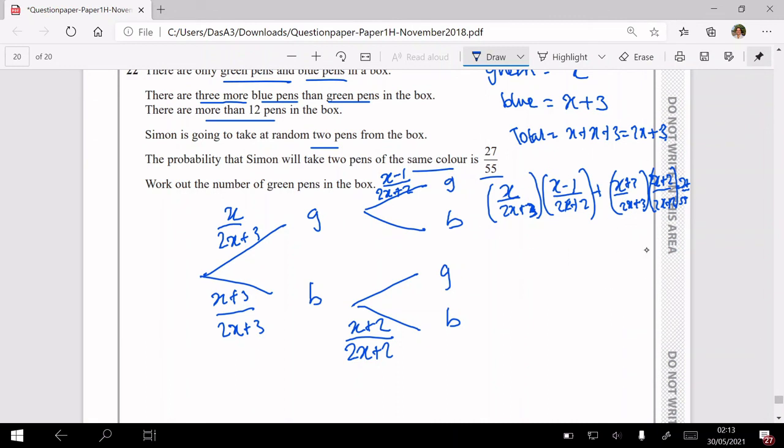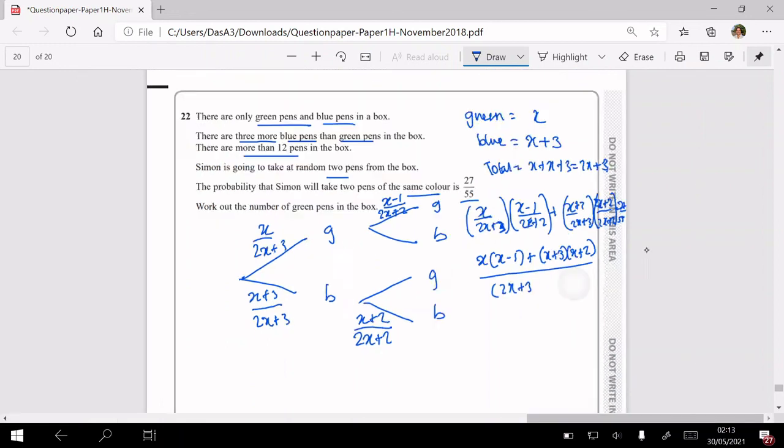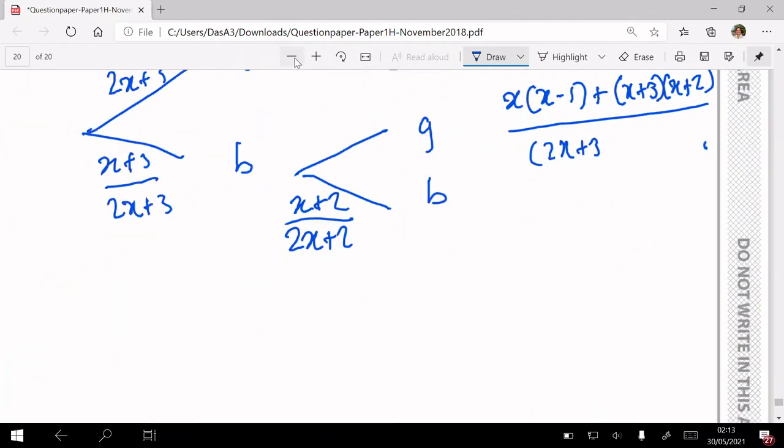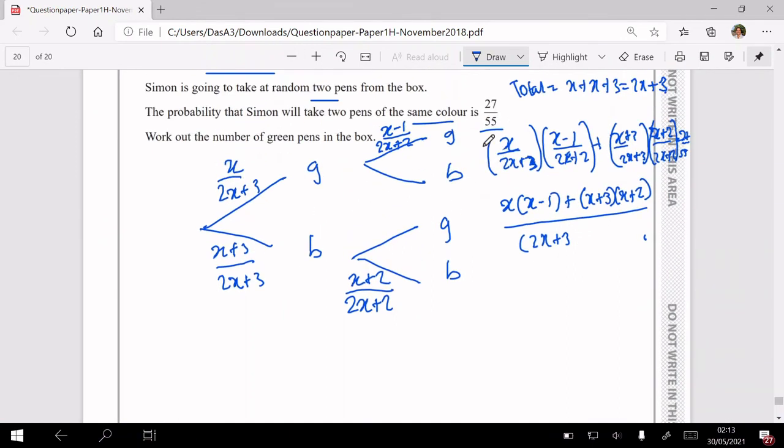To simplify this, we can do x times x minus 1 plus x plus 3 times x plus 2 over 2x plus 3 times 2x plus 2, which is equal to 27 over 55. Sorry, for some reason it randomly got bigger.